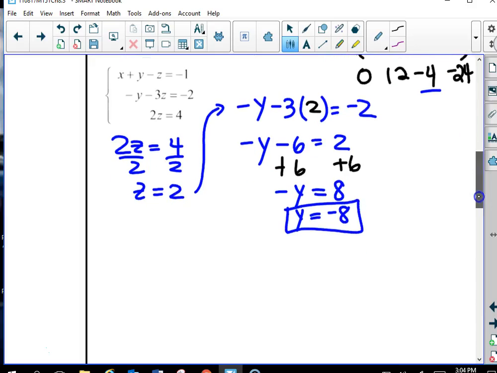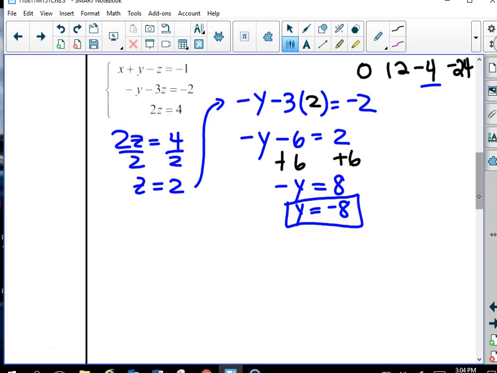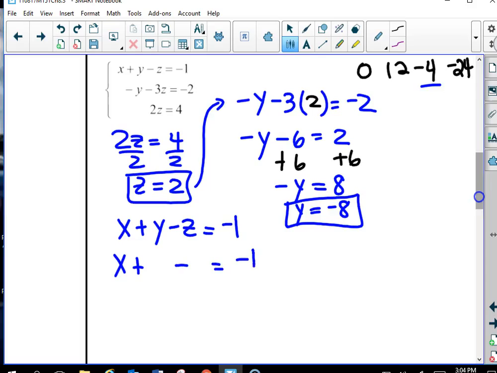And then continuing up, x plus y minus z. Okay, y is -8, z is 2.